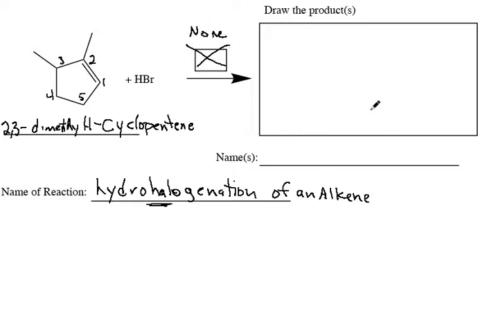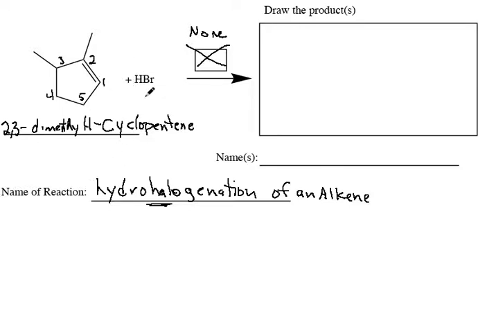And now we go on to the product. As in the previous hydrohalogenation of an alkene example that I showed you, the H goes on one of the carbons of the double bond, and the Br goes on another one of the carbons of the double bond. Carbon 1 and carbon 2 are going to receive the 2 pieces of this addition.